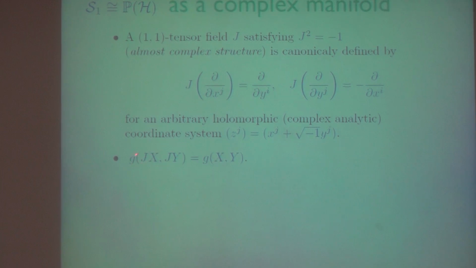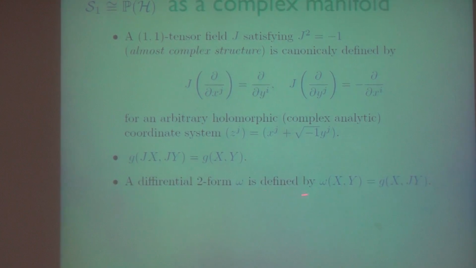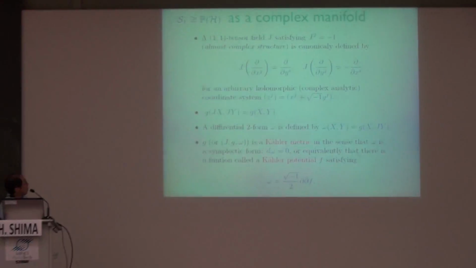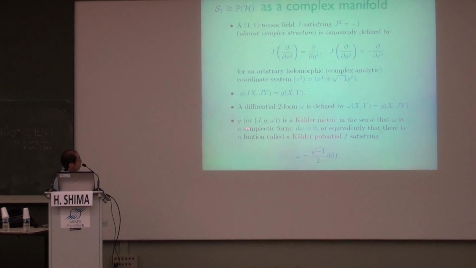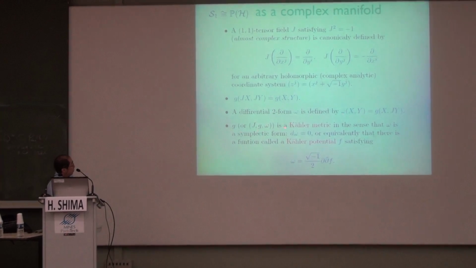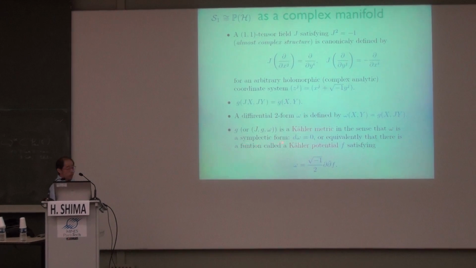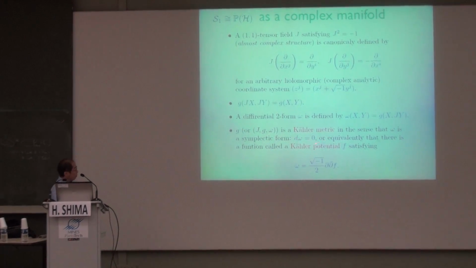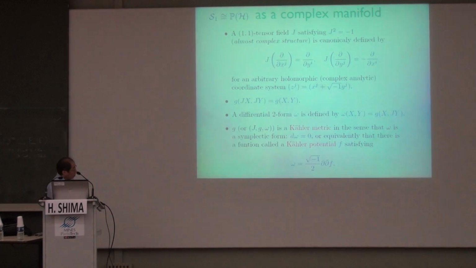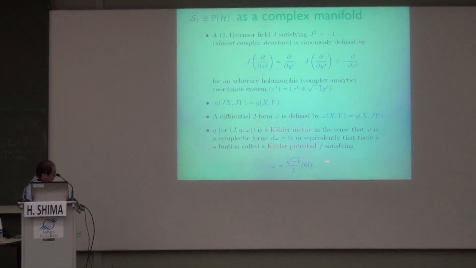Such a metric is often referred to as a Hermitian metric on a complex manifold. And a differential two-form omega is defined by this. Furthermore, G is a Kähler metric in the sense that omega is a closed form. That is, d omega is equal to 0, or equivalently there is a function f, a potential, satisfying this relation.